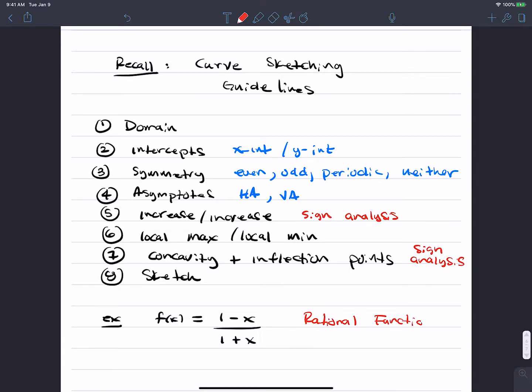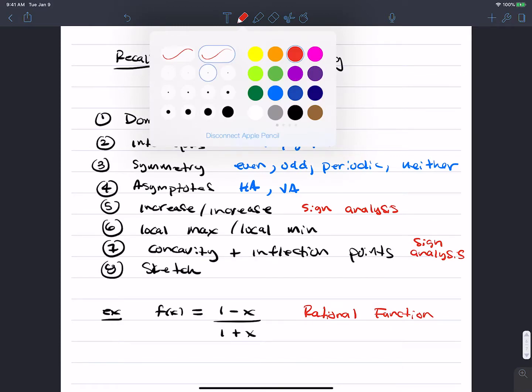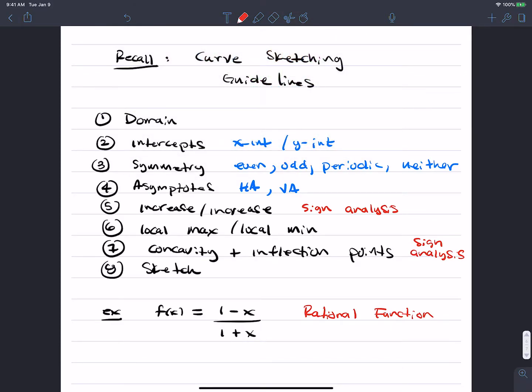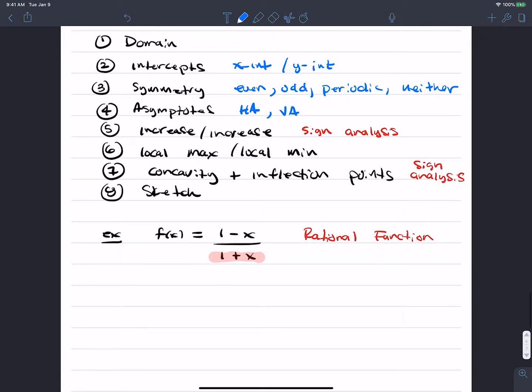What we know always for rational functions in terms of the domain, they're defined everywhere except where the denominator is 0. Is that right? Okay, you guys okay with that? So we have to find where that denominator is 0, and all we do is set the denominator equal to 0.